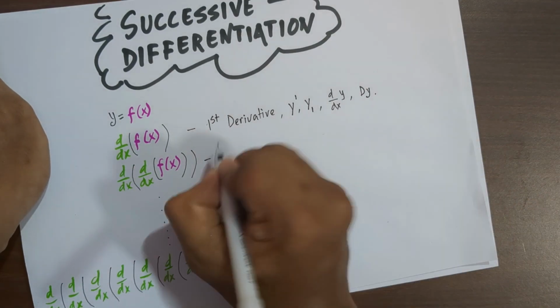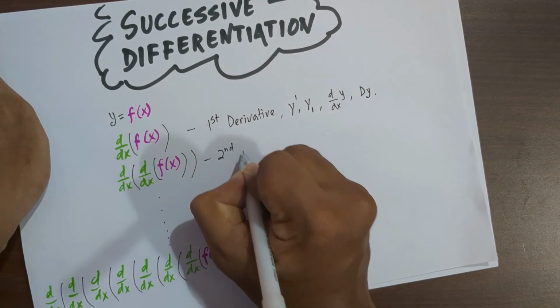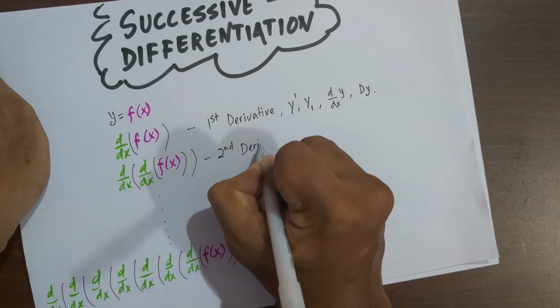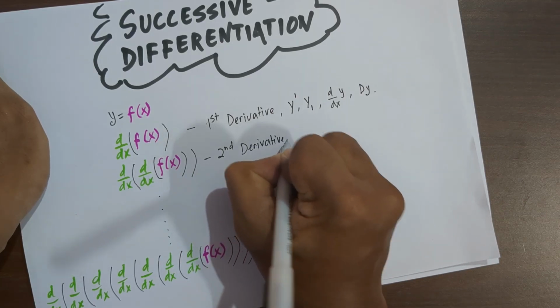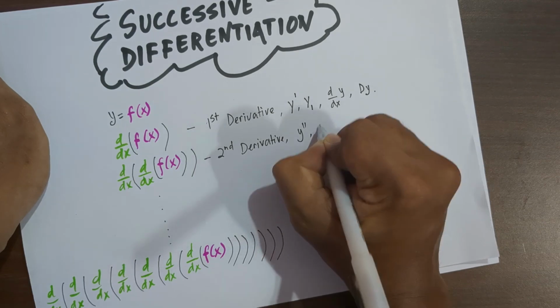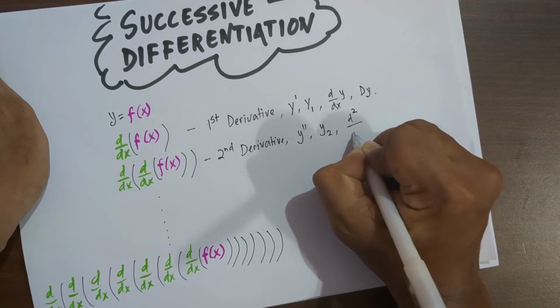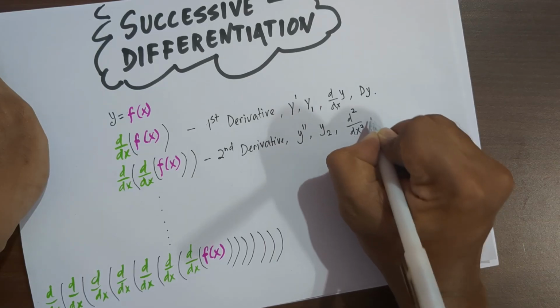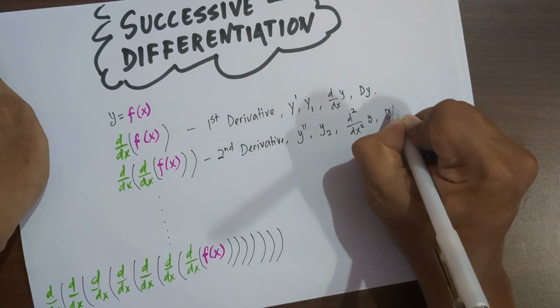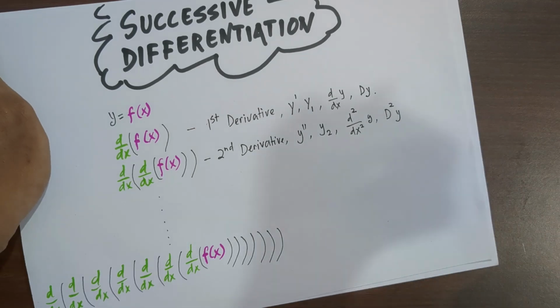And this is the second derivative, which is also denoted by y double dash, or y subscript 2, or d2 over dx2 y, or capital D2 y.